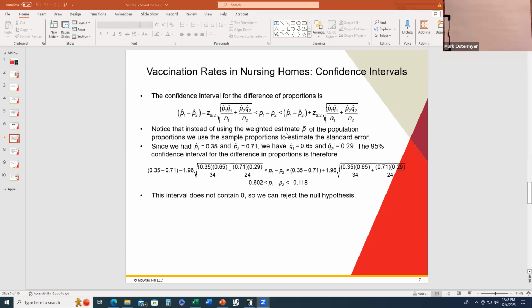Notice instead of using the weighted estimate P bar of the population proportions, we use the sample proportions to estimate the standard error.